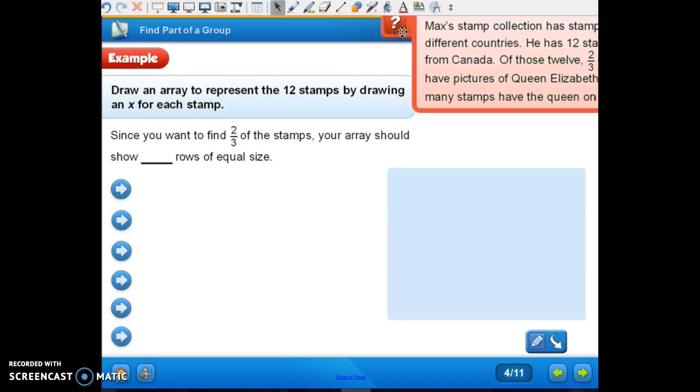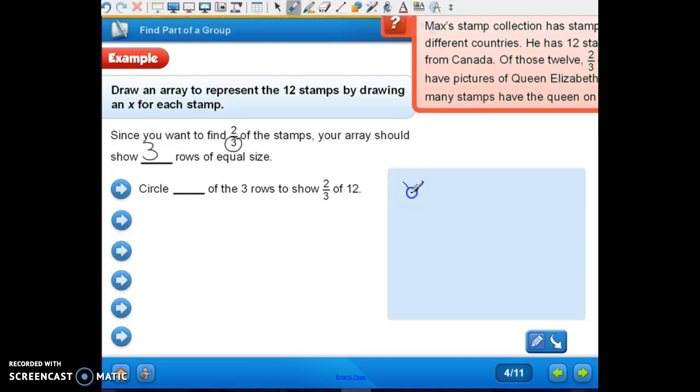Draw an array to represent the 12 stamps by drawing an X for each stamp. Since you want to find 2/3 of the stamps, how many rows should my array have? 3, because we want to do it into 3 groups. Okay, so we have 12 and we want 3 groups.